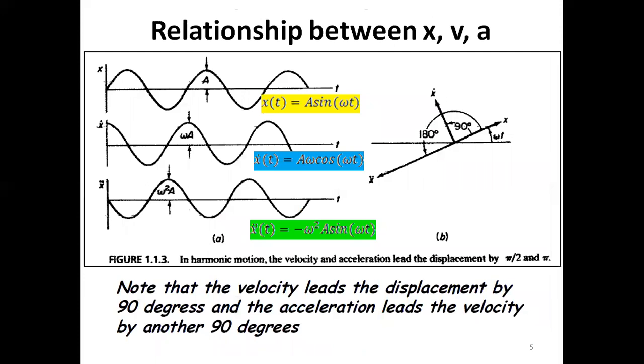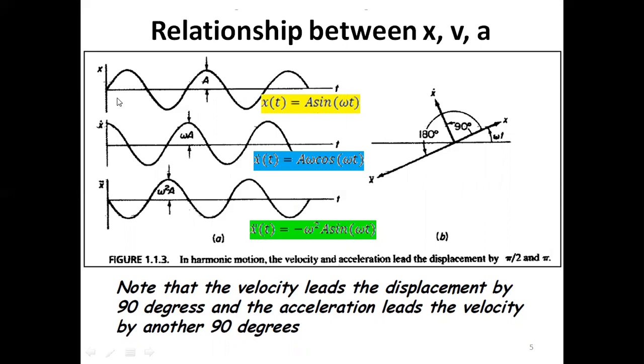That is the relationship between displacement, velocity, and acceleration. If the displacement is harmonic, x of t is equal to A sine omega t, and we plot this mathematical model, along the vertical we have x of t, whereas along the horizontal we have the independent variable t.